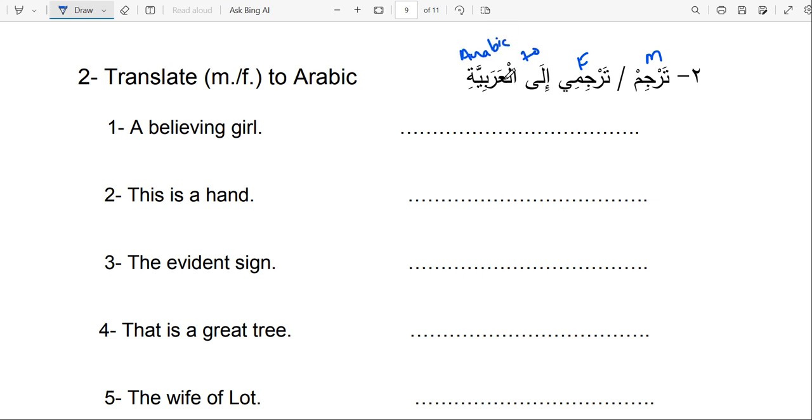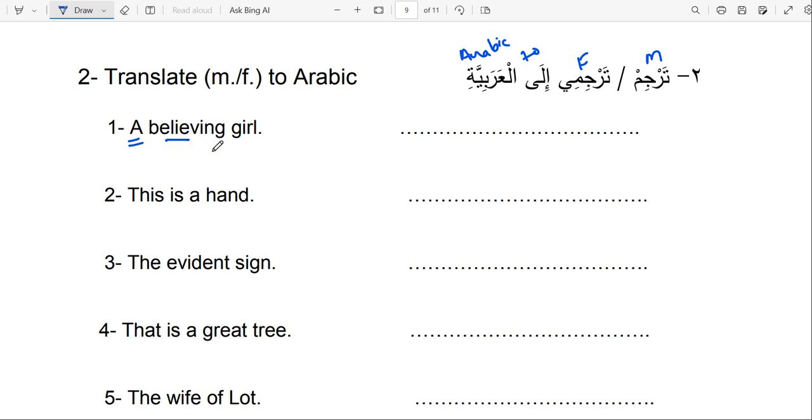So as I told you, you need to flip the Arabic sentence. You know that whatever you translate here will be nakira. So the noun comes first in Arabic and then the sifa. So first of all, when you see an English sentence, try to mark everything. This is the sifa, this is the noun.